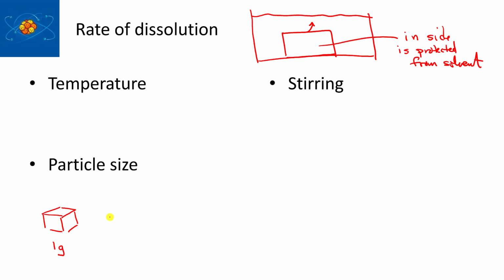Well, if you break that into 2 smaller particles, or 4 particles, or 8 particles, right? This is the surface area, right? And this is my mass. It turns out as you go to smaller particle sizes for the same 1 gram mass, it'll have a greater surface area to mass ratio.